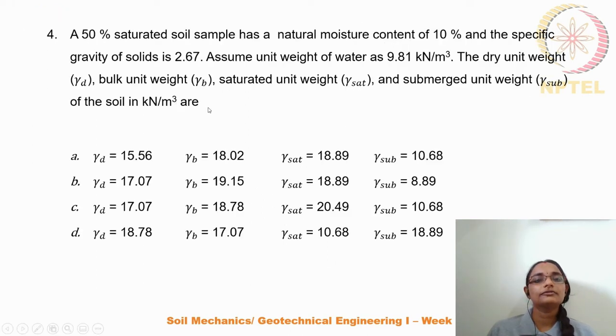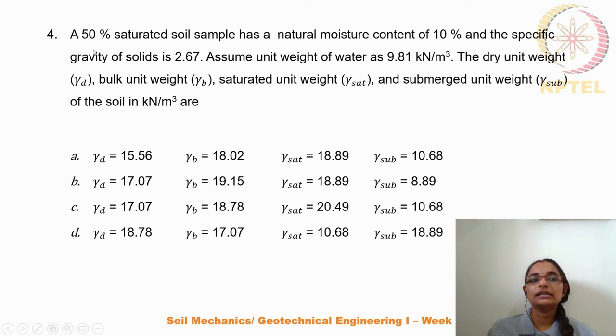Okay, here is our fourth question. A 50% saturated soil sample has a natural moisture content of 10% and specific gravity of solids is 2.67. Assume unit weight of water as 9.81 kilonewton per meter cube. The dry unit weight gamma d, bulk unit weight gamma b, saturated unit weight gamma sat and submerged unit weight gamma sub of the soil in kilonewton per meter cube are.